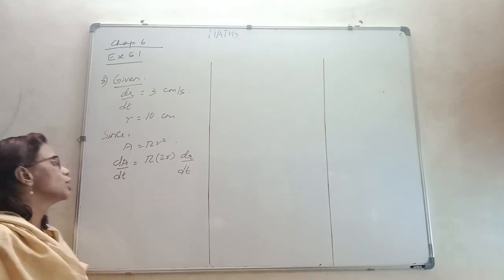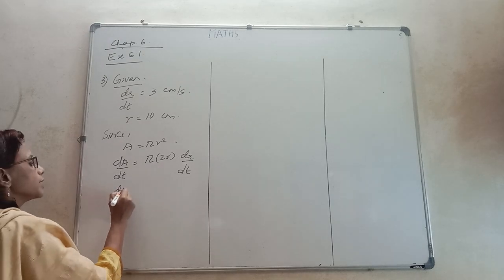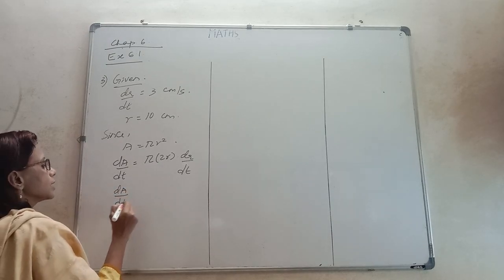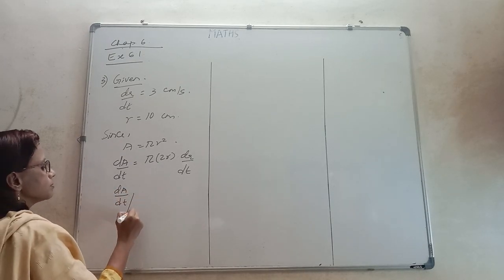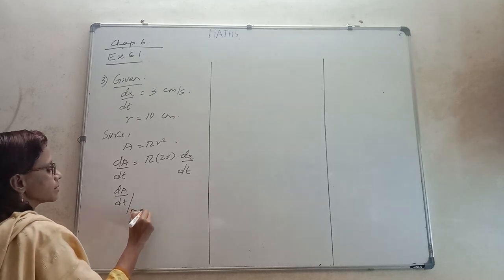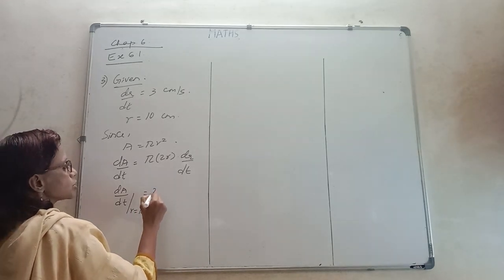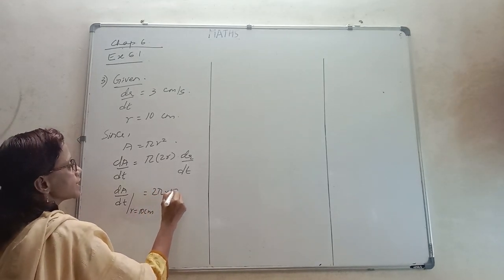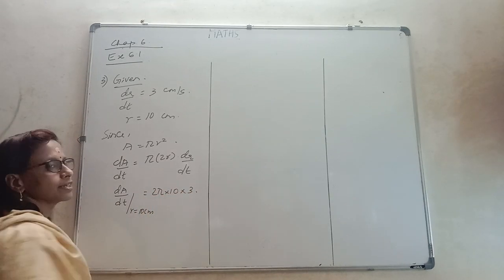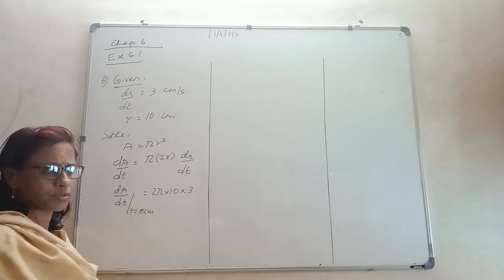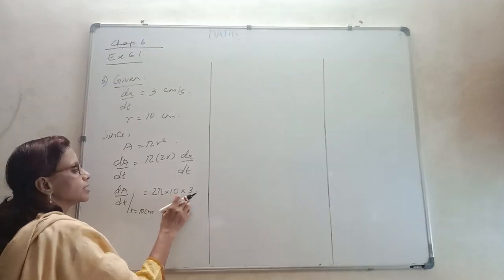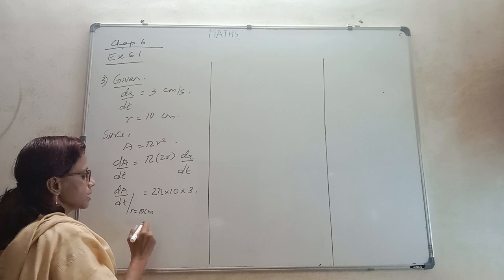Now let's substitute what we have. We have dA by dt at r equal to 10 centimeters. So it's 2 pi, r for us is 10, and dr by dt is 3. All these things we have substituted. So 3 twos are 6, pi, 60 pi.